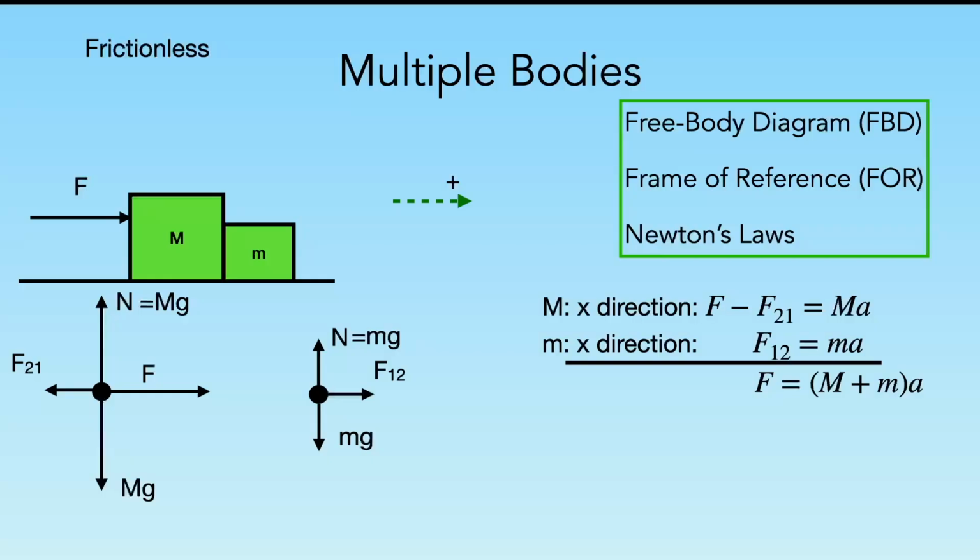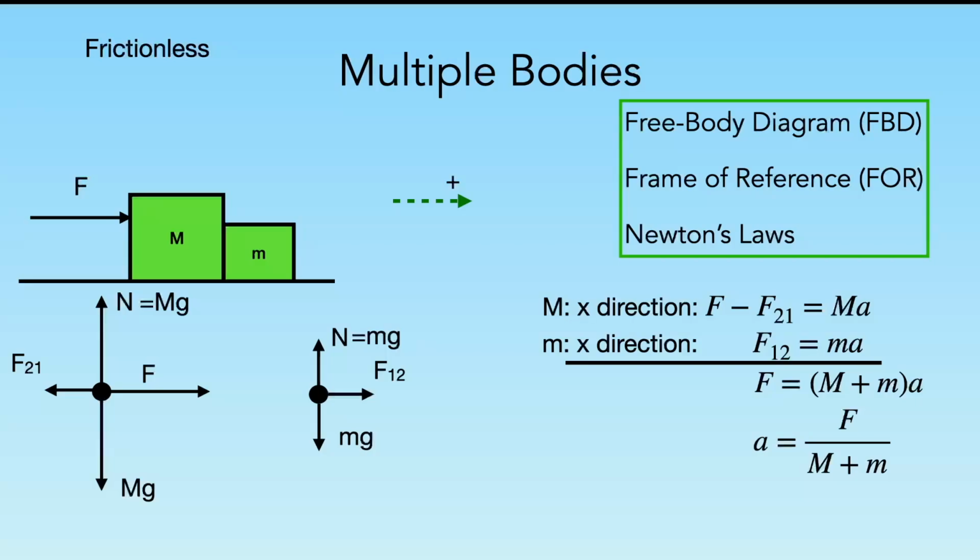So F minus 5 newtons plus 5 newtons just ends up being equal to F. And then we add up the two on the other side, big Ma plus little ma equals big M plus little m quantity times a. Then to get a, just divide by that total mass, and we get a equals F over M plus m. Okay, so we've solved that.